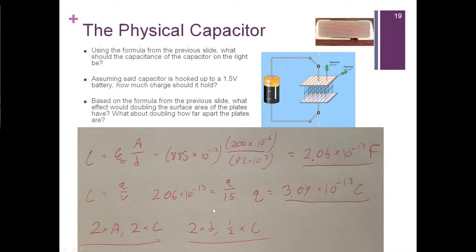We just found our capacitance, so 2.06 times 10 to the negative 13th equals Q divided by 1.5. 1.5 is our battery voltage. We can solve for the amount of charge that can be stored in this particular capacitor as it's in this particular circuit. We would get 3.09 times 10 to the negative 13th coulombs of charge.